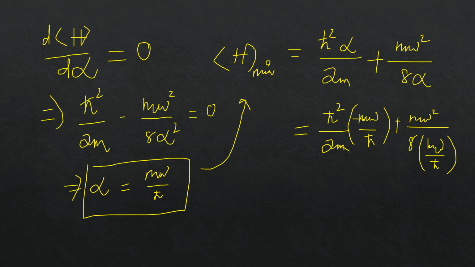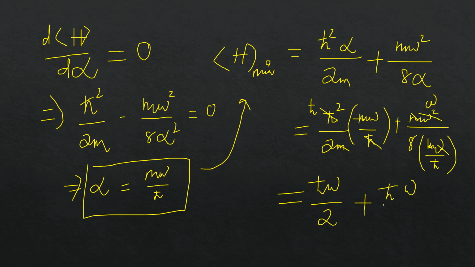The h cuts cancel, omega cancels, so this becomes h cut omega by 2, plus h cut omega by 8. So I'm making a mistake.